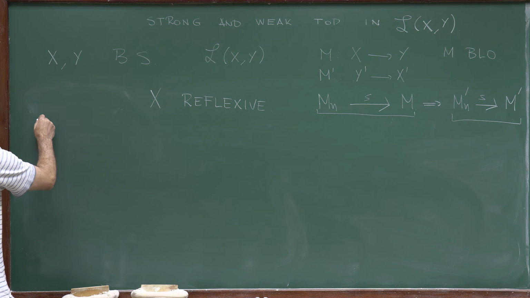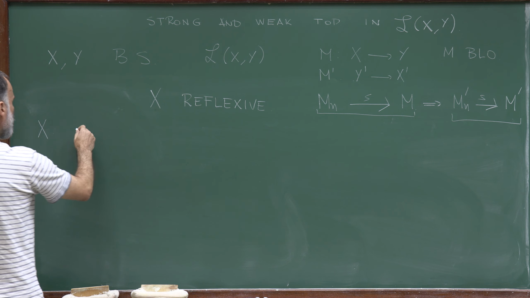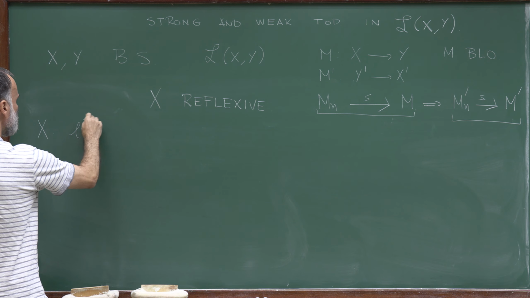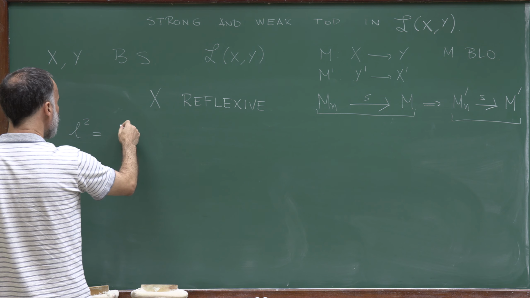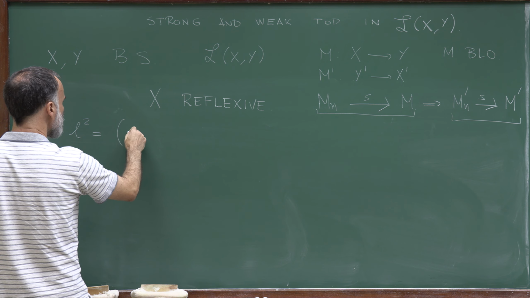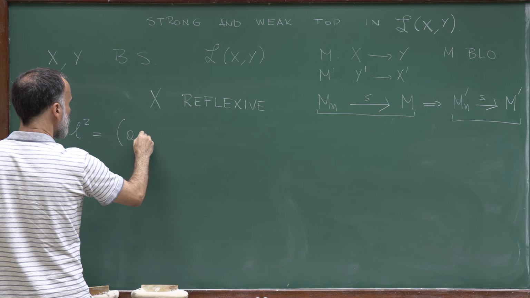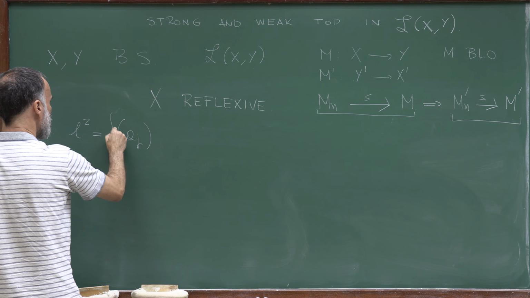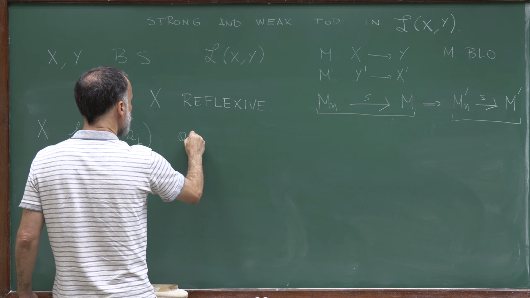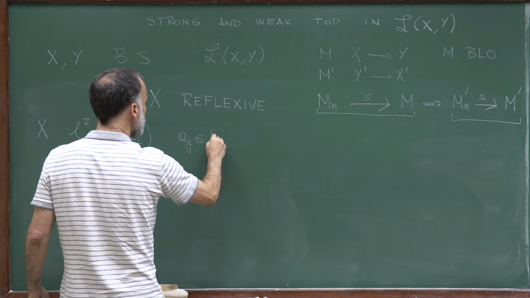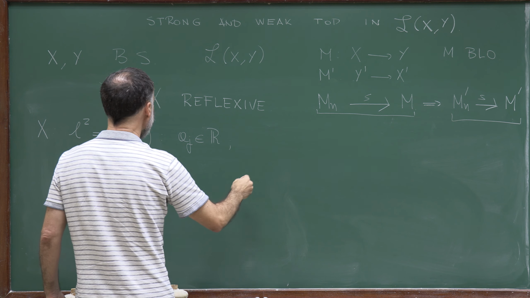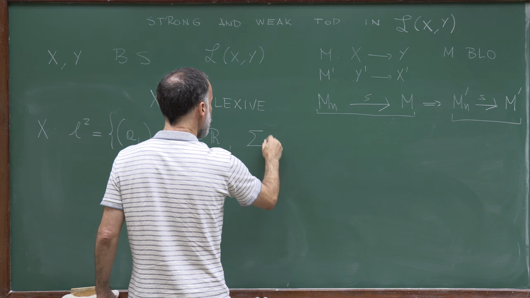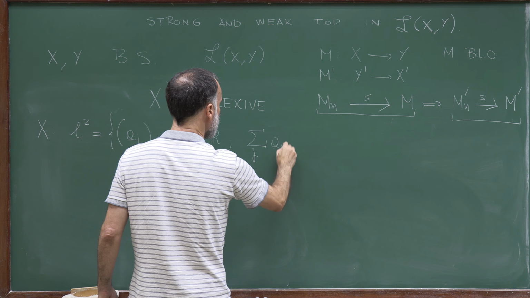So the example is to take X, the space L2. So this, remember, is the space of all sequences Aj, where Aj are, say, real numbers, and we have that the sum of the squares is finite.